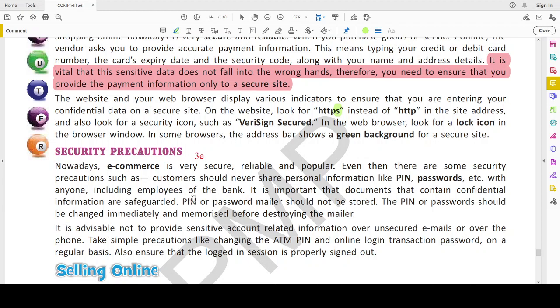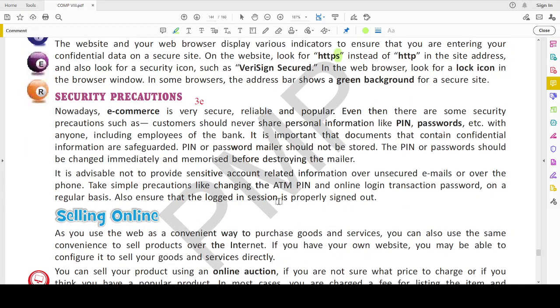You should not share your PIN, password, or sensitive or secret information with anyone, and you should also change it at regular intervals of time. So these are the security precautions you can take to be safe online.